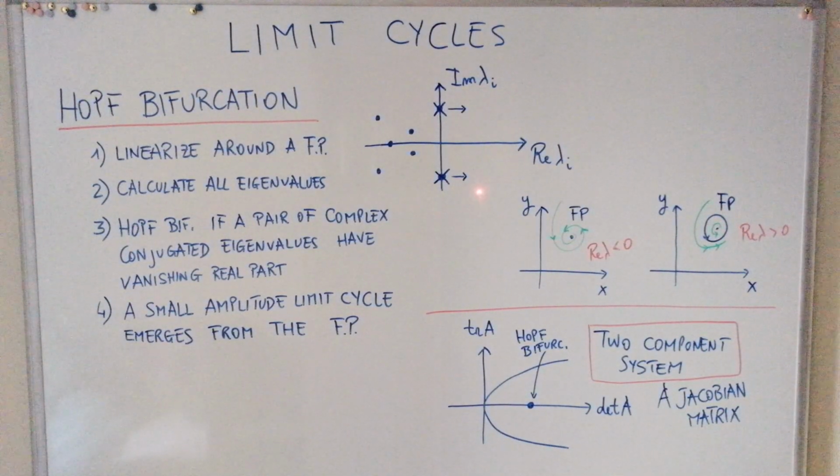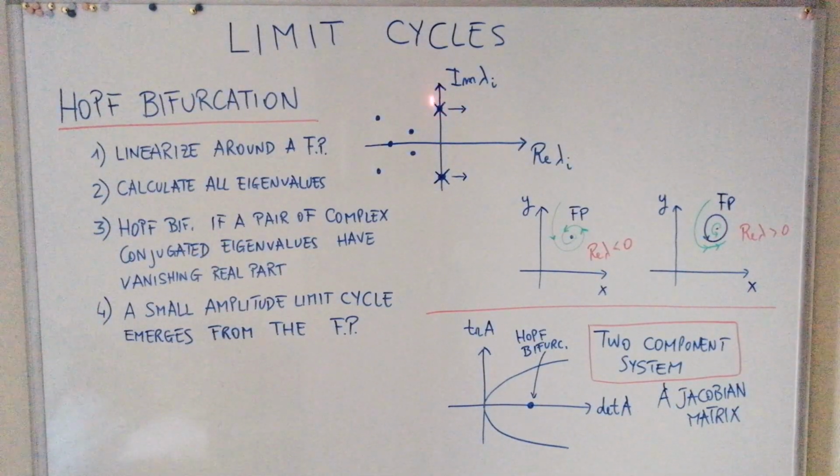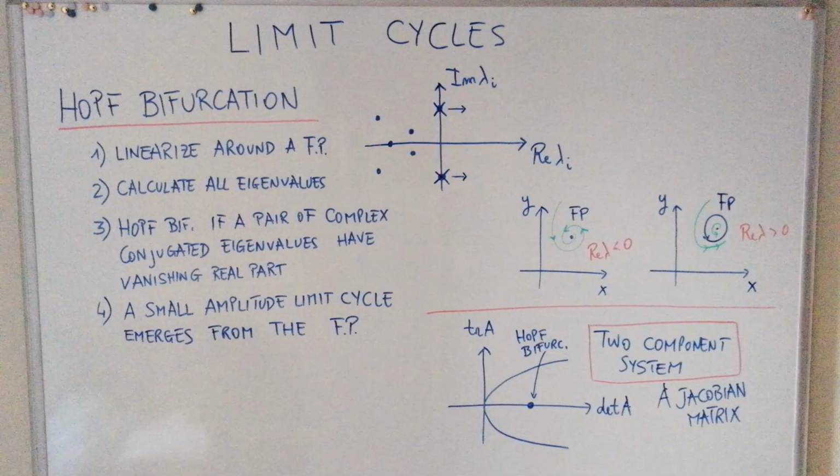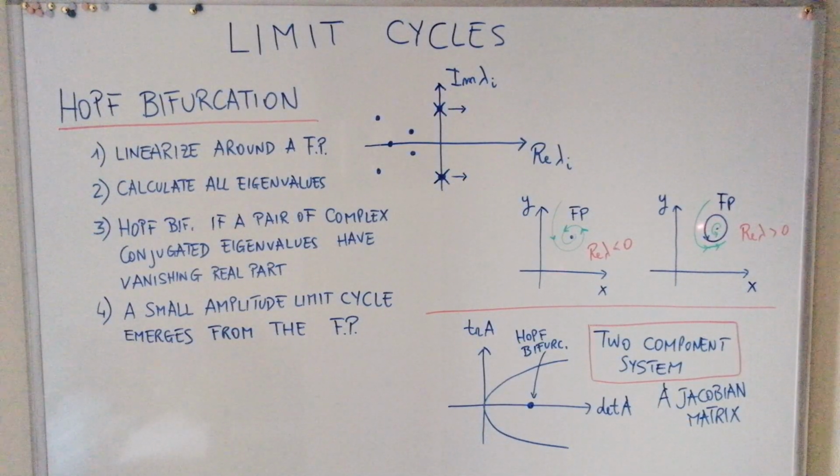Okay, so this Hopf bifurcation theorem only holds in the vicinity of the Hopf bifurcation point. It doesn't say anything about what happens when you are sufficiently far away, when you have a large positive real part. But this is a typical situation we are looking at.